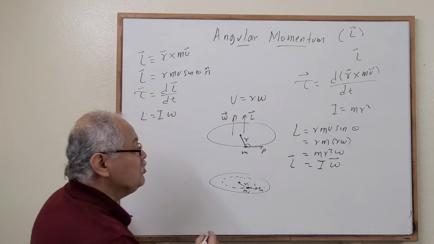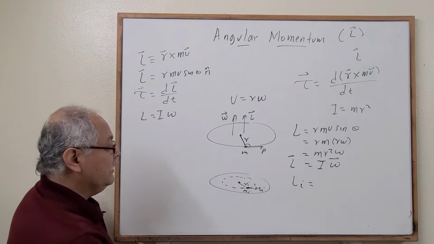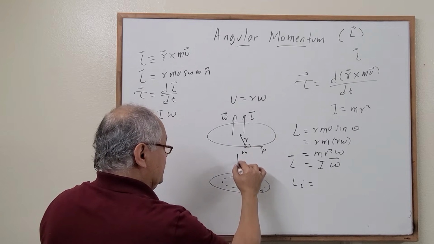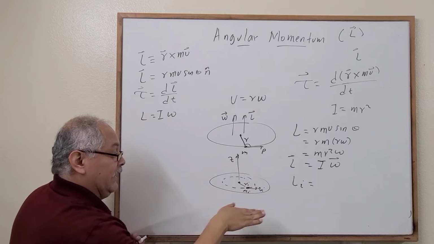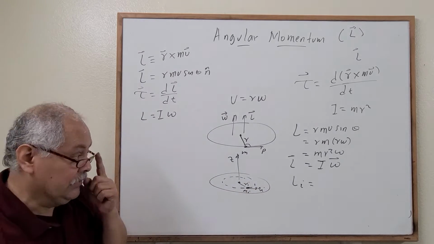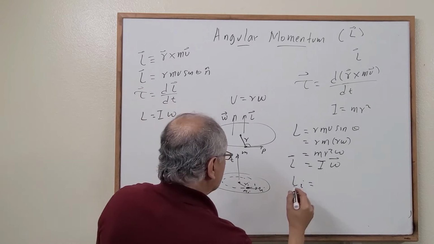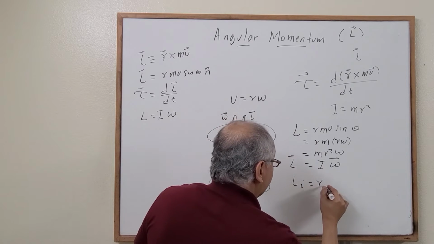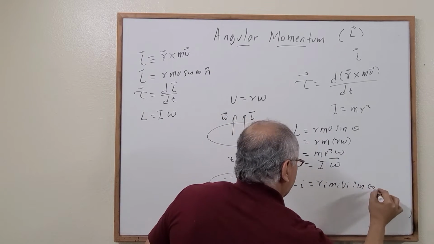Correct? Now, what should be the angular momentum for this particle? Again, imagine that this is the z direction. The particle moves in the xy plane, so the perpendicular one is going to be the z direction. According to this definition, it's equal to r sub i, m sub i, v sub i, sine theta.